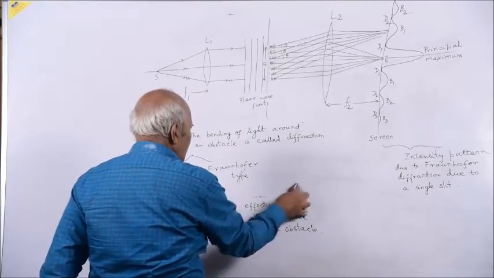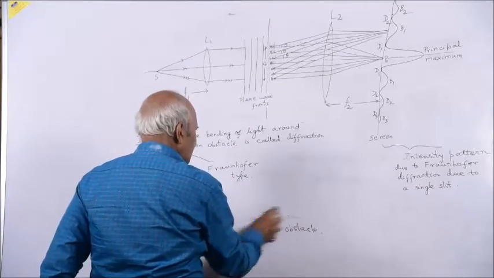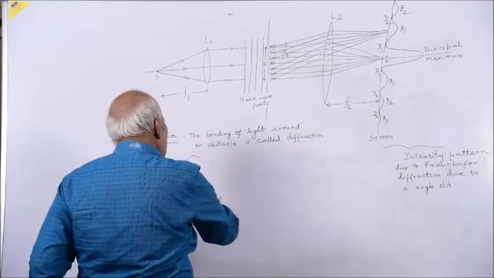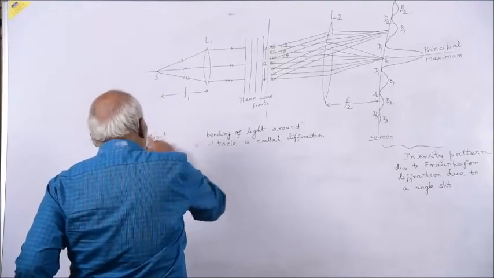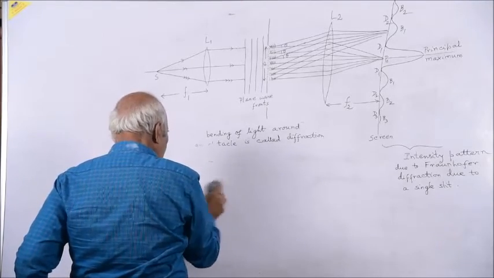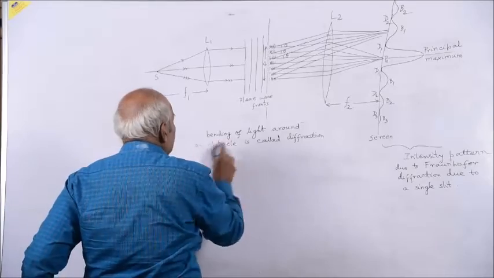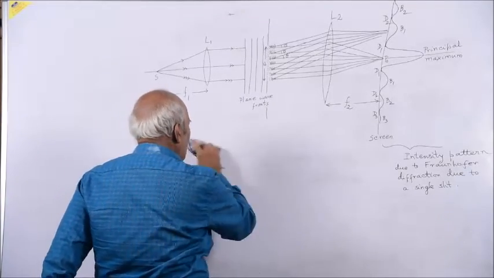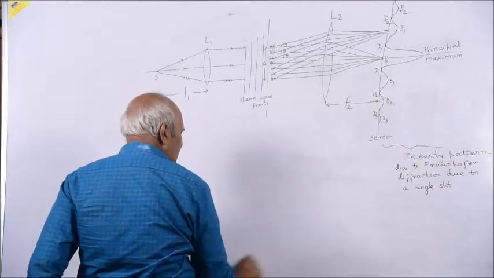Then the question is how to explain this type of intensity pattern, or what is the theory behind it. Actually, the theory is a little bit complicated. So, we will quote the final result and discuss from that.